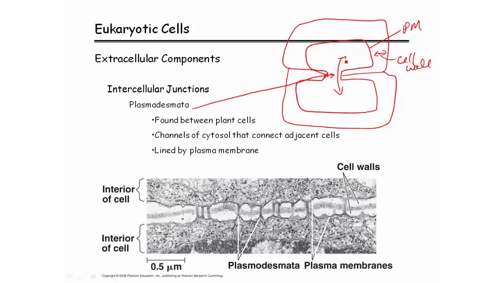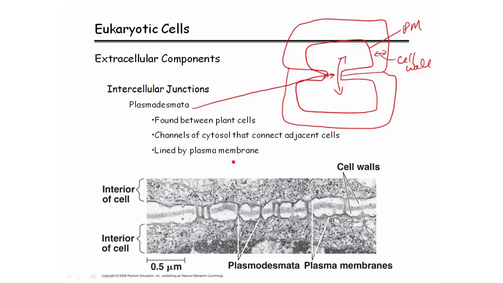With the plasmodesmata, we've got continuous plasma membrane, notice, that runs from one cell to the next. And this plasmodesmata does have to cross both of the cell walls, the cell wall of each of the cells involved in this. Small molecules can move through this. Large molecules are certainly not going to be transported in this fashion.